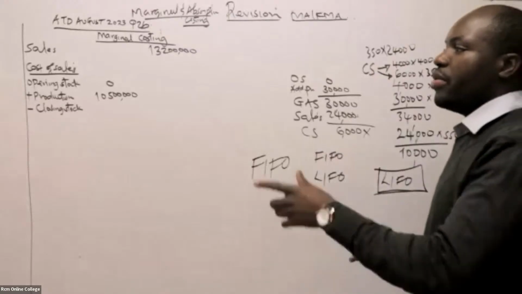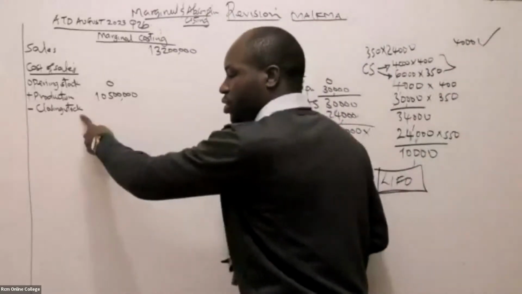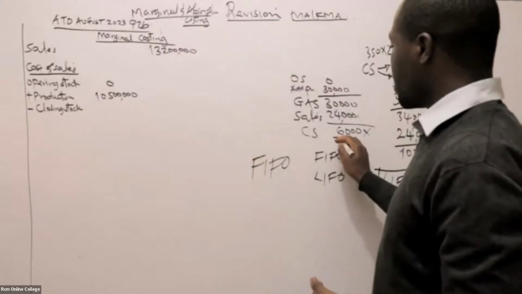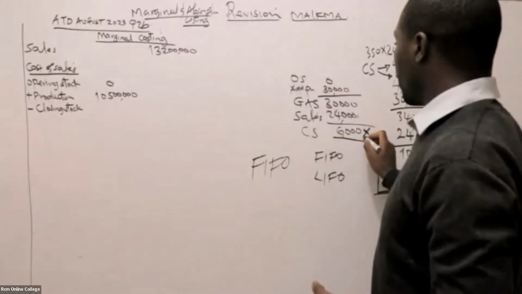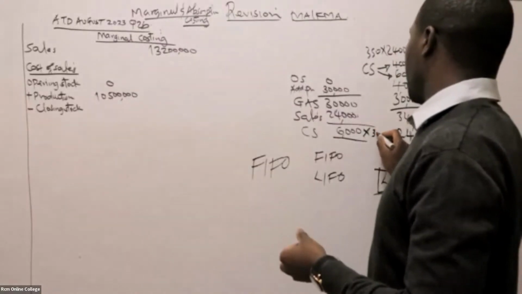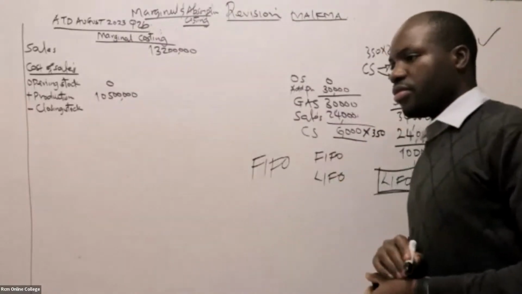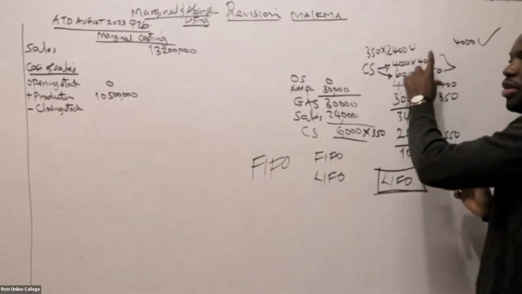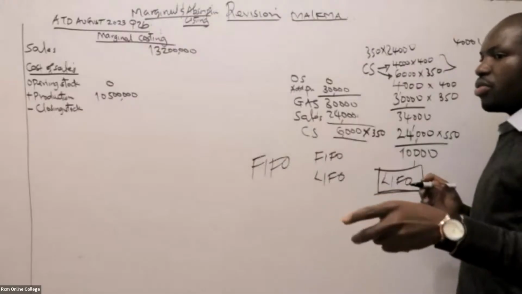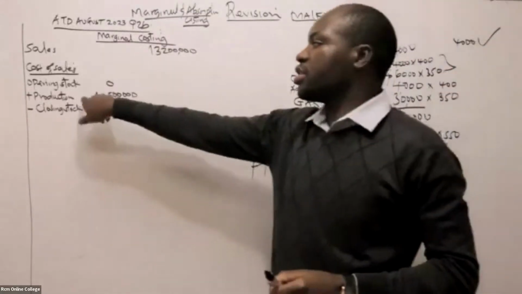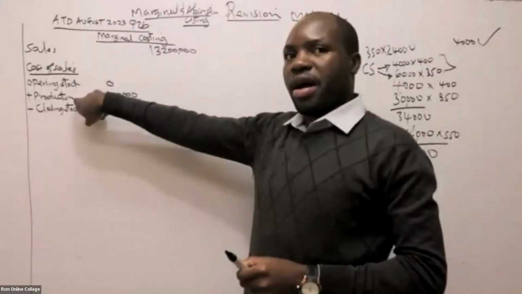Then whatever is remaining represents goods that were produced during the year. That is why, when we are going to get the value of our closing stock, we know the quantity is 6,000, but we will get the cost of this closing stock as the production cost for the duration. We will not separate it this way. We are assuming that the opening stock will be sold first, so any closing stock will come from what has been produced during the month.